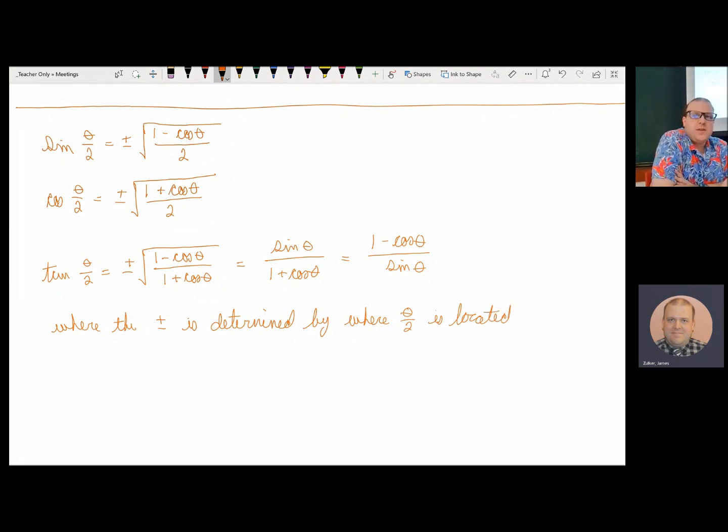The plus or minus is determined by the location of theta over 2. These are the half angle identities.